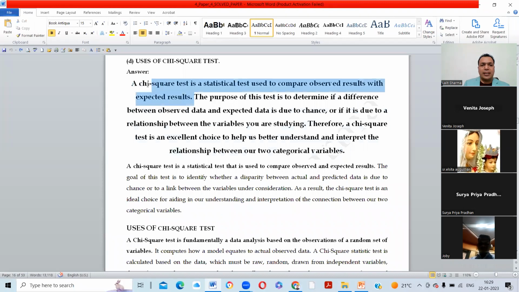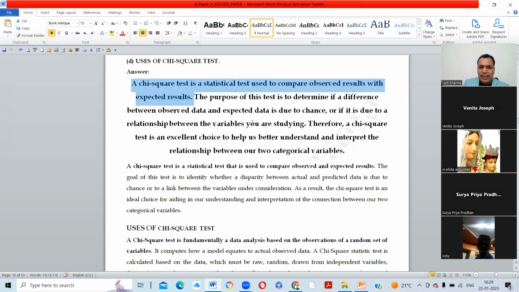This is all you should know. This test is a statistical test. It is used to compare the observed result, whatever result you have come to know by observing, with the expected, what you were thinking beforehand, right?